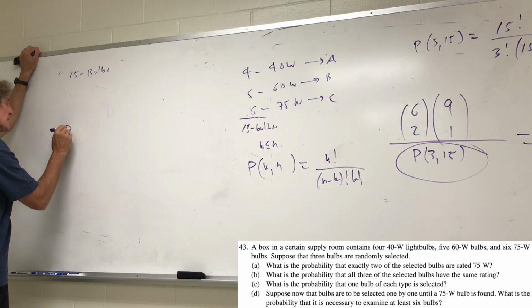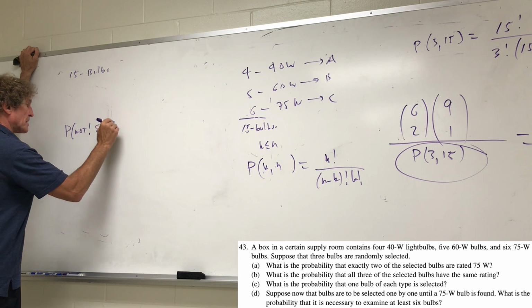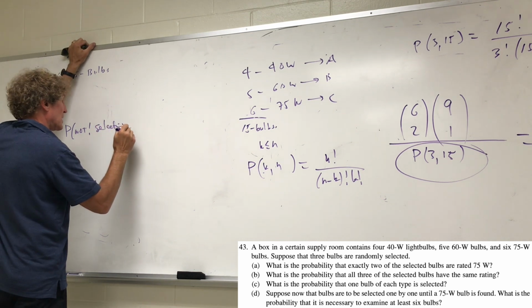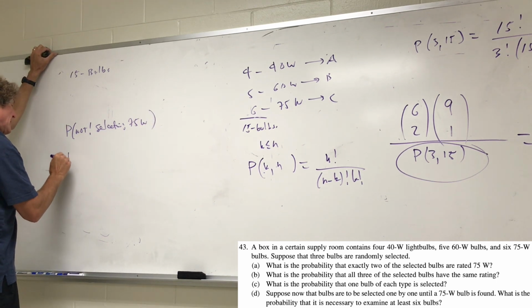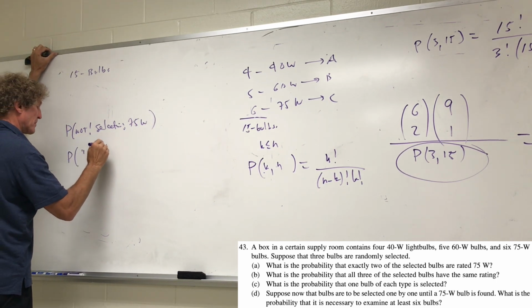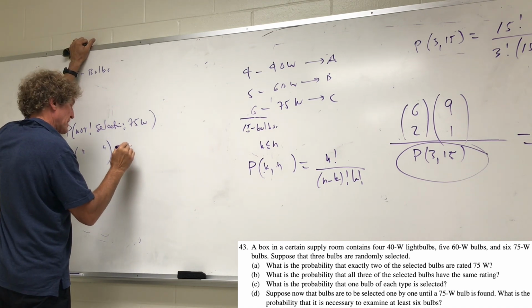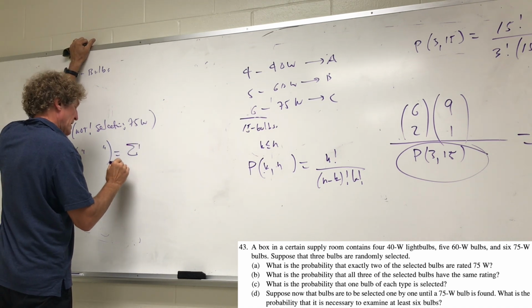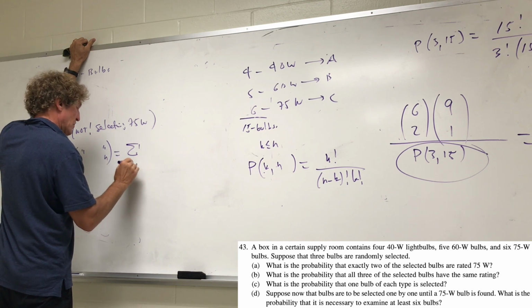So the probability of not selecting a 75 watt bulb would be equal to, depending on the number you've taken, a summation over I in n attempts, I equals 1 to n.